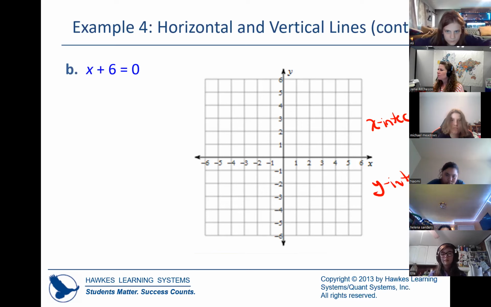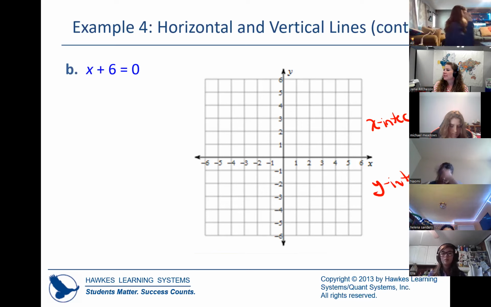Uh-oh. The x-intercept is not right. So you want to solve for x. So what would you do? You would subtract 6 from both sides. Allie, subtract 6 from both sides.